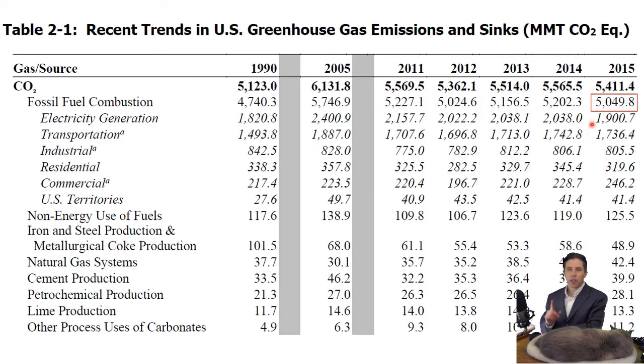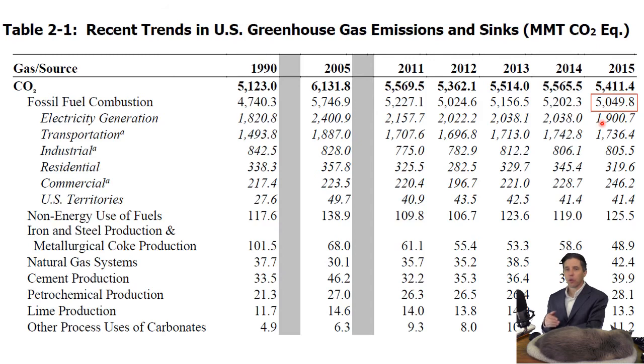Now, the reason I'm bringing this up is that most people don't realize that when we talk about burning fossil fuels, okay, we're generating CO2 from burning fossil fuels. The number one thing we burn fossil fuels to do in this country is not to drive cars. The number one thing is this one, generating electricity.